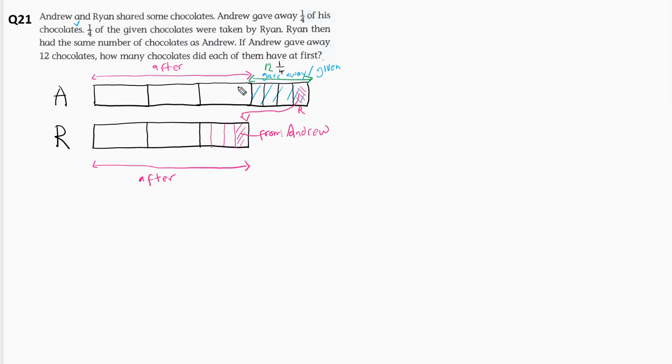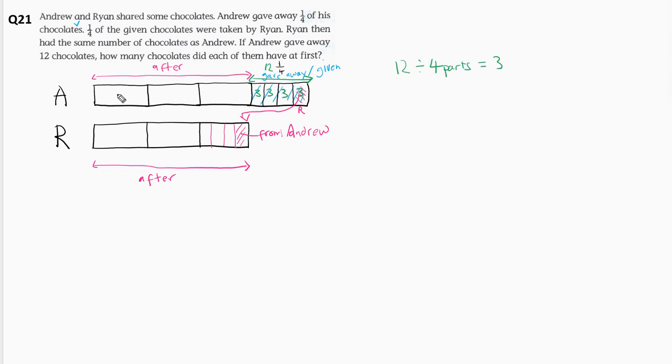Now, remember, Ryan didn't have this whole part at first. So we need to work out what each of these individual bits are. So 12, if we divide that by 4 parts, equals 3. So each of these has a value of 3.